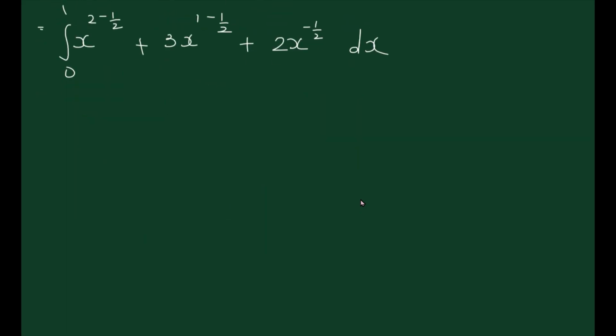Then going further, let me put a bracket here so that it is clearer. x raised to 2 minus half comes out as, by cross multiplying, x raised to 3 by 2, plus 3x raised to 1 minus half is actually half, plus 2x raised to minus half as it is, it remains.